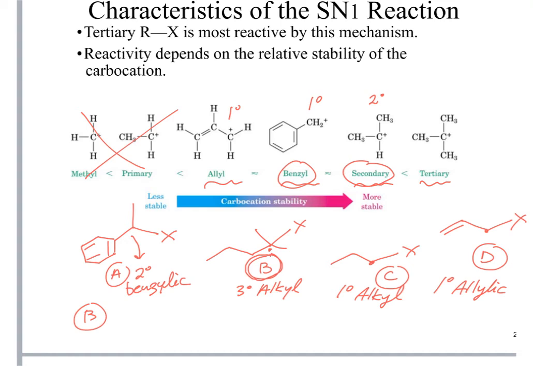So B, tertiary, will be just as reactive as secondary benzylic A, which will be more reactive. We're comparing two primary carbons, one alkyl and the other allylic. The allylic carbocation would be delocalized, so D, whereas the primary alkyl halide and its resultant carbocation would not undergo SN1 type reaction because the carbocation will be too unstable.